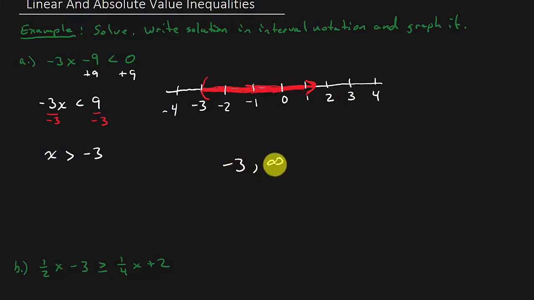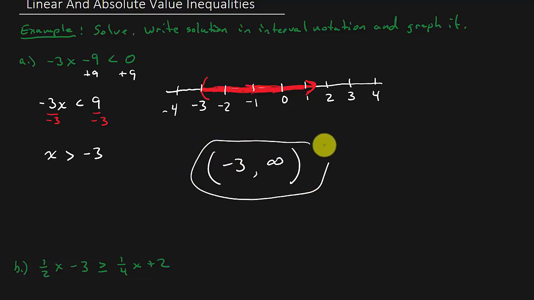So it's from -3 to infinity. Now, is the -3 included? No. So it has a parenthesis on it, and the infinity has a parenthesis on it. And this is your interval notation. I'm guessing that's why they use the parenthesis, and then you'll see in a minute a bracket to do the graphs, because that's how you're doing the interval notation. That's my guess.